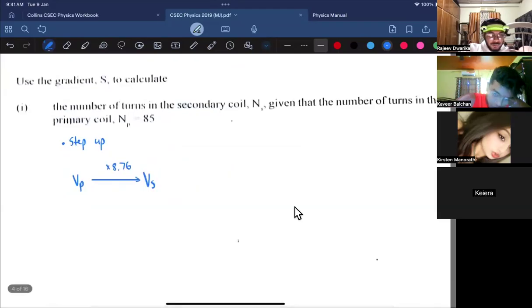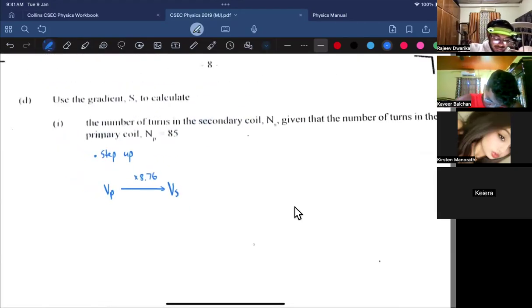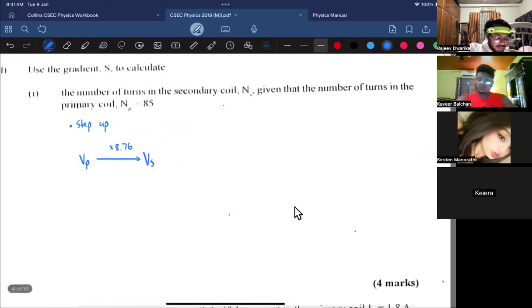Carry on understanding everything so far? You have the gradient, you know it's a step-up transformer, and you know whatever the primary voltage is, the secondary voltage is 8.76 times bigger. We understand that, right? Okay. So they're saying figure out the number of turns in the secondary coil if the number of turns in the primary coil is 85.